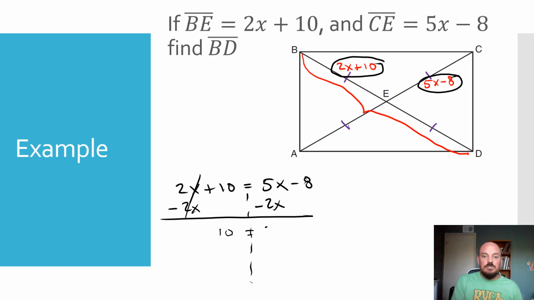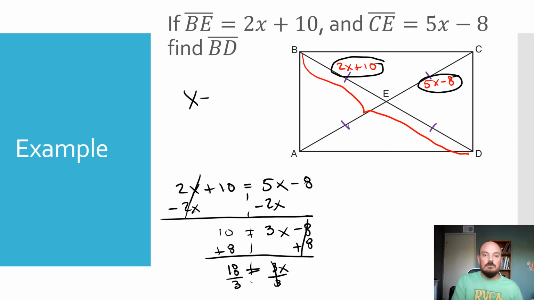We have 5 minus 2 is 3x, and we still have the minus 8. If I want to solve for x, the next thing I probably want to get rid of is the 8. So I'll do a plus 8 to cancel out the minus 8. And I get an 18. Those are gone, 3x. So we divide by 3. And we solve for x.